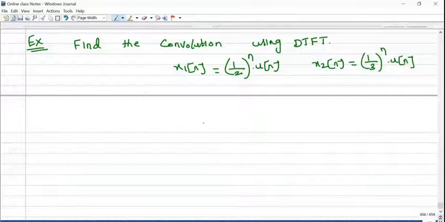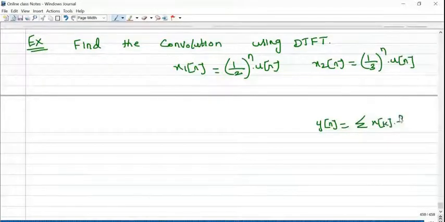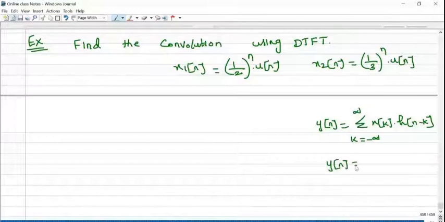Find the convolution. Actually, in the LTI system output equation we have derived, y of n equals summation of x of k h of n minus k, where k varies from minus infinity to infinity. This is represented by x of n convolution with h of n.